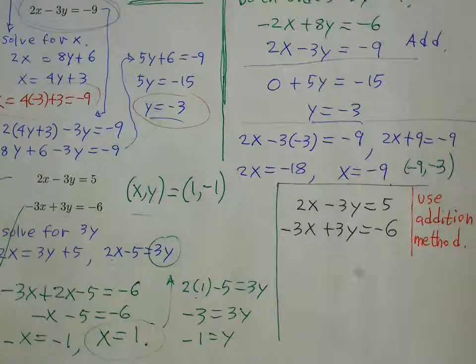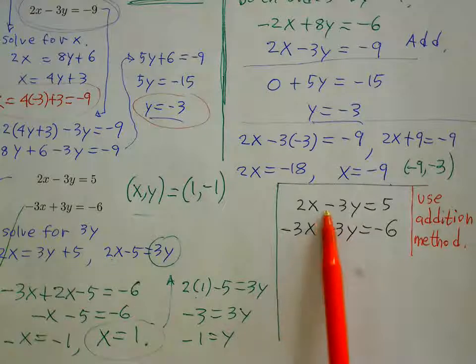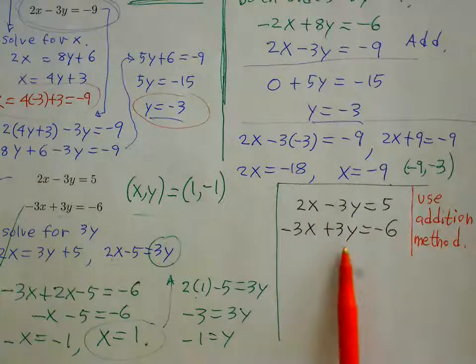We have multiple options, but it looks like the easiest option is to not change anything and just add the two equations. Because in the top equation, I have negative 3y, and in the bottom equation, I have 3y.